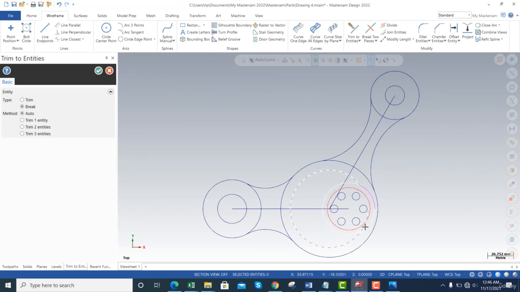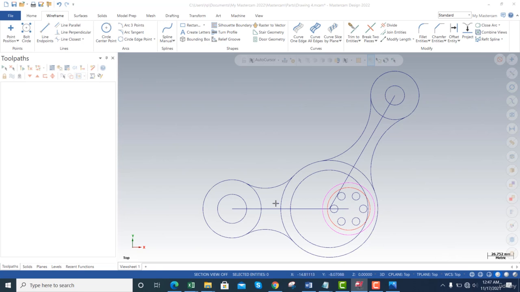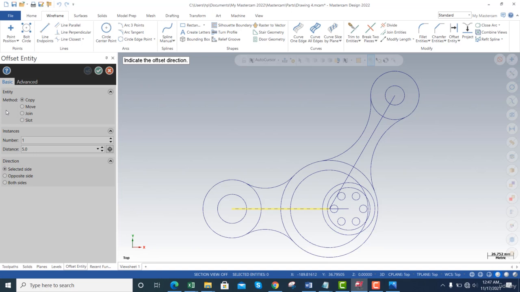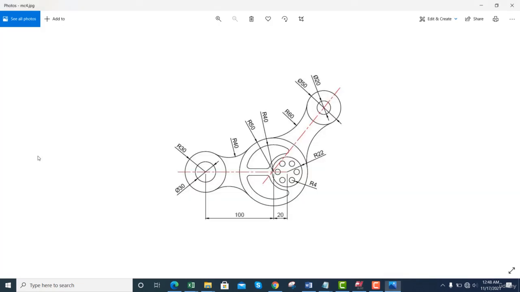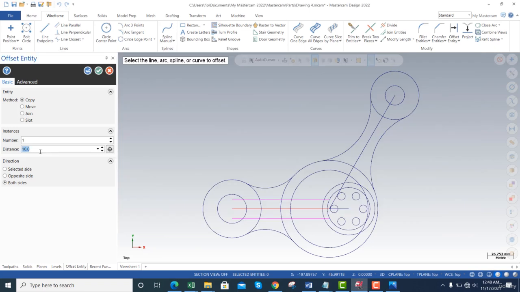Break it by this. Okay, for this portion I will offset this line to both sides, distance let's say 10. Okay, distance 10, no 10. Okay, let's make it 5. Okay, 5 is good.